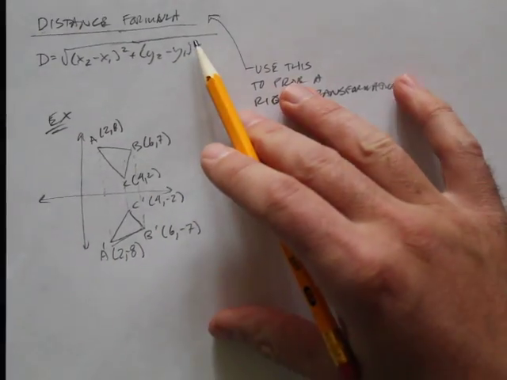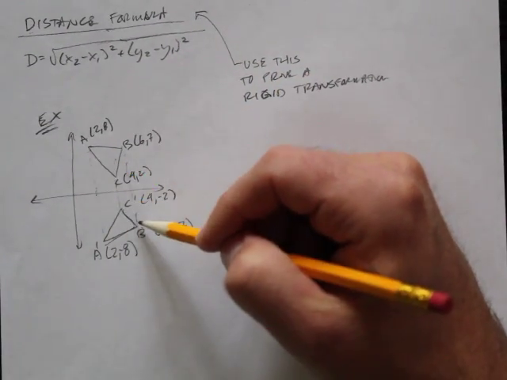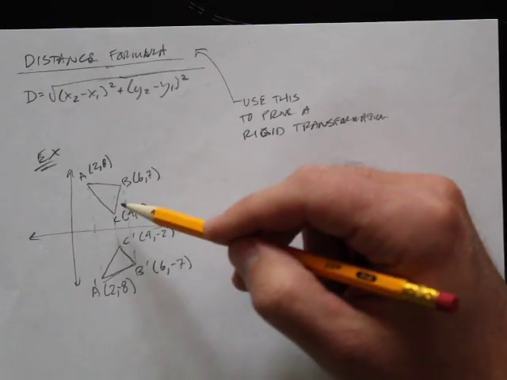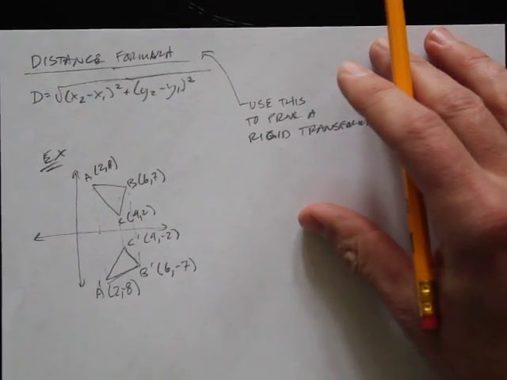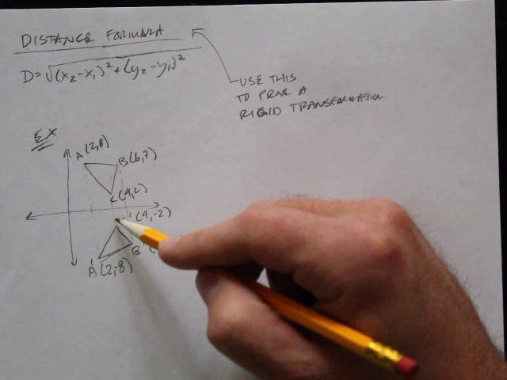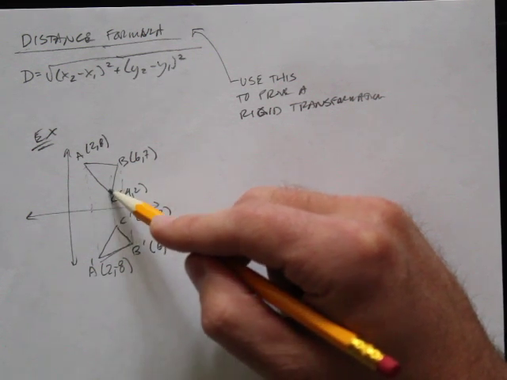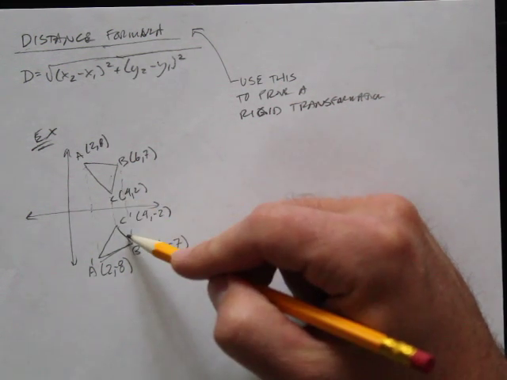We could use the distance formula to prove a rigid transformation. It'll be a little bit easier to do that if you were proving a translation where it just gets moved.